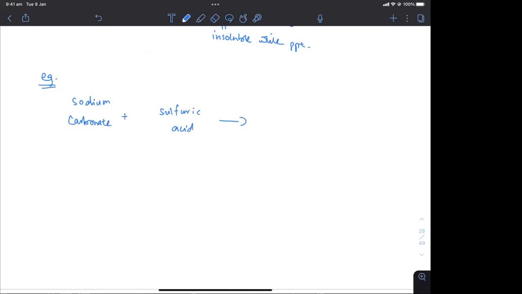What will be my product, Afika? Afika, what will be my product? Sodium carbonate plus sulfuric acid. I can't hear you at all. You didn't say anything. So the sulfuric acid will give you a salt. You replace the H plus with the metal cation.